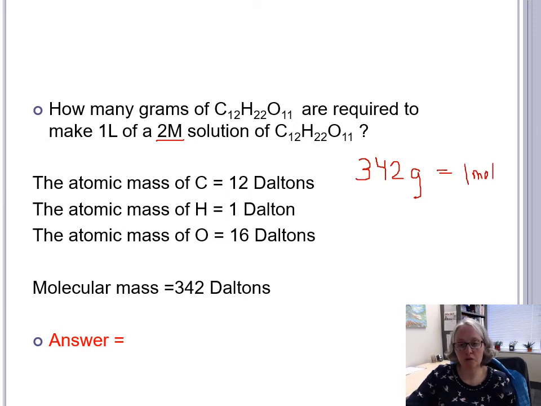But let's look at what the question was originally asking. The question was asking for a 2 molar solution. Remember, 2 molar means 2 moles. So what are we going to do? We are going to take 684 grams of this particular substance, and we're going to dissolve this in 1 liter of liquid. This will then create a 2 molar solution.